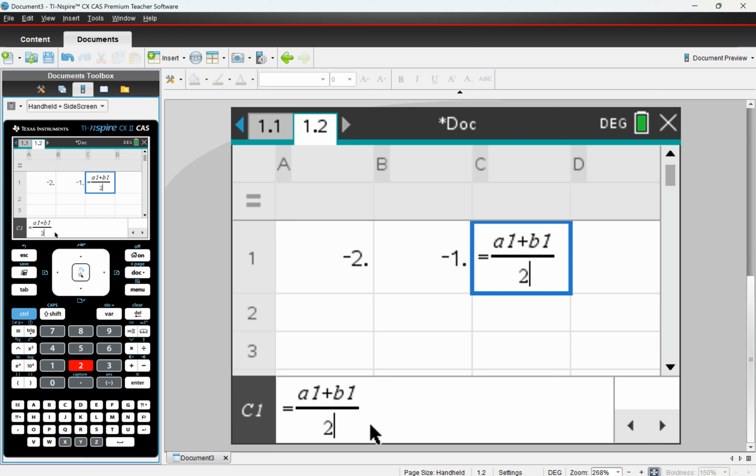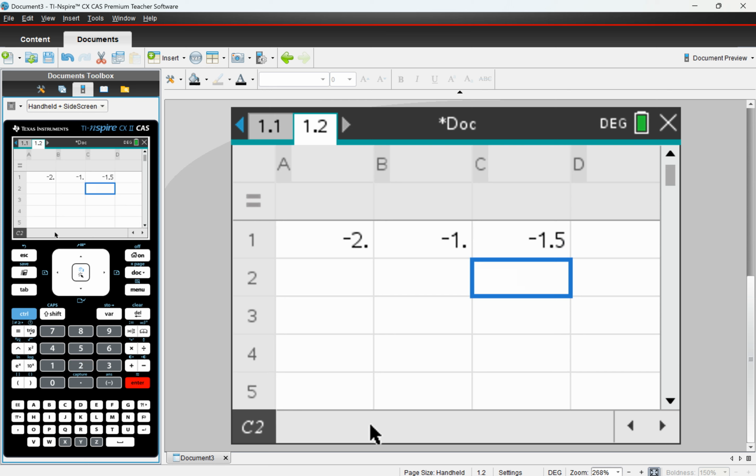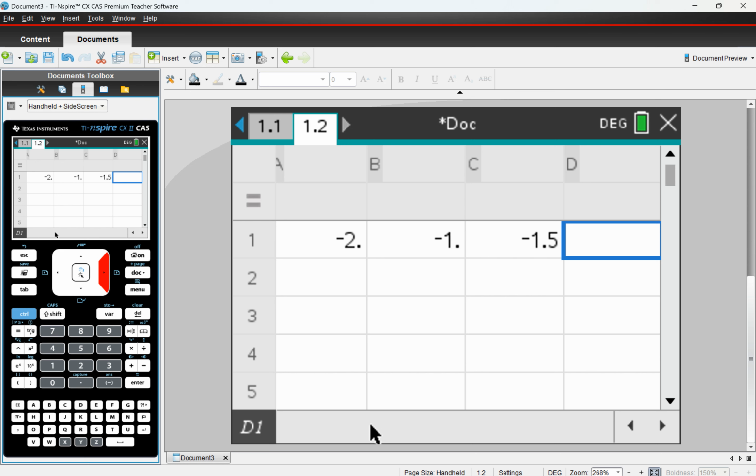I'm halving it. I add the 2, I get the total amount, and then I halve it. Press enter. You should get -1.5, which makes sense because we knew the halfway point between -1, -2 should be -1.5, right?